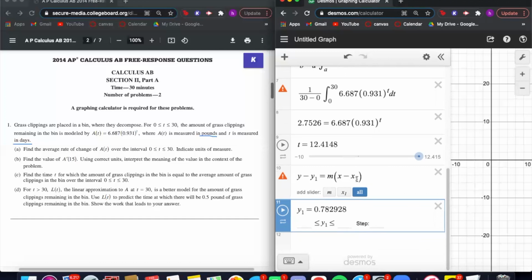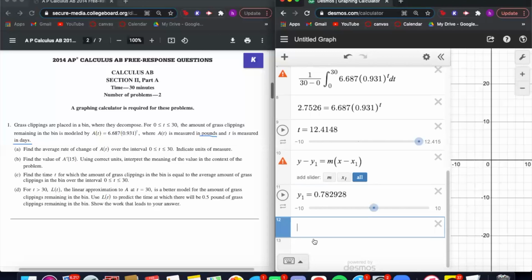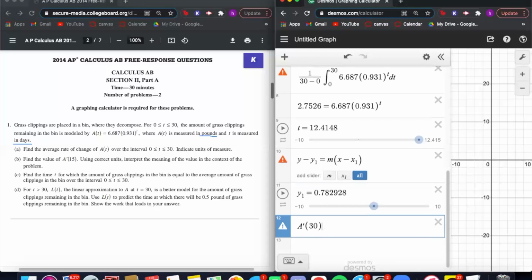So we know x1 and y1. Now all we need to find is the slope, which is m. To find the slope, we just have to do A prime of 30, and that's going to get you m. Again, we just plug this into the calculator. When we plug it in, we're going to get negative 0.055976.